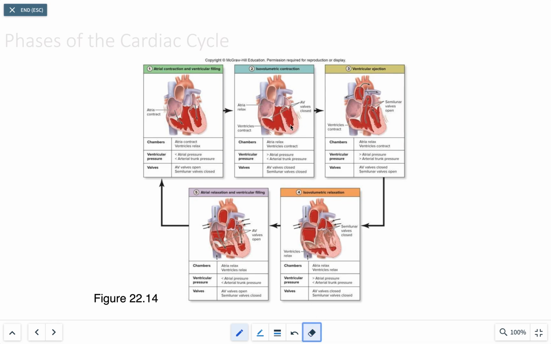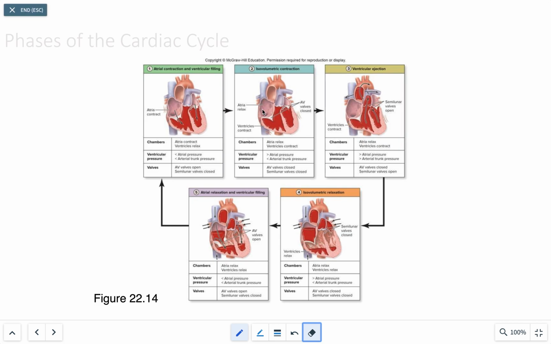Next is isovolumetric contraction, which is what gives the lub sound when we're looking at heart tones. The lub sound comes from once the ventricles are filled, the tricuspid and the mitral valves closing, or shutting. At this point, due to the pressure building up from the filling, the ventricles begin their contraction.